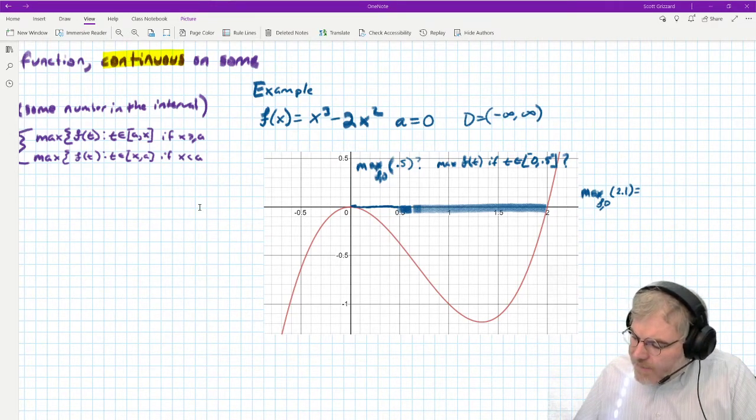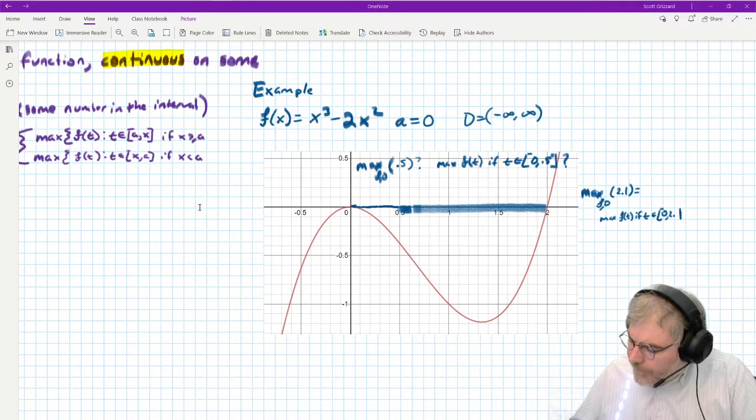In other words, what is the max of f of t if t is in [0, 2.1]?